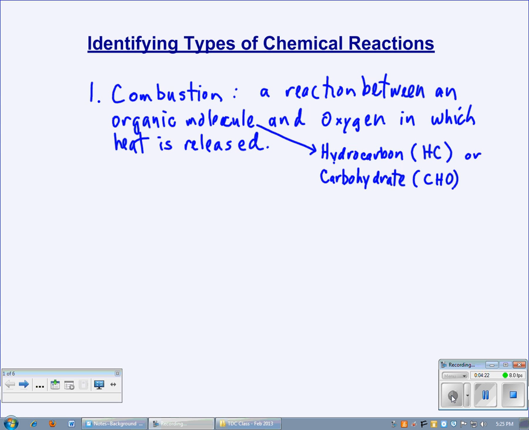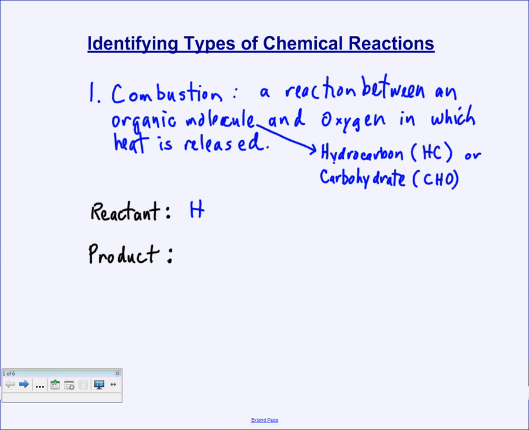Now let's look at what the reactant side looks like for a combustion reaction. On the reactant side, you would have a hydrocarbon plus oxygen, or you would expect to see a carbohydrate plus oxygen.